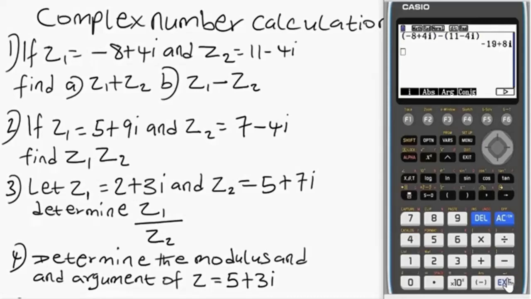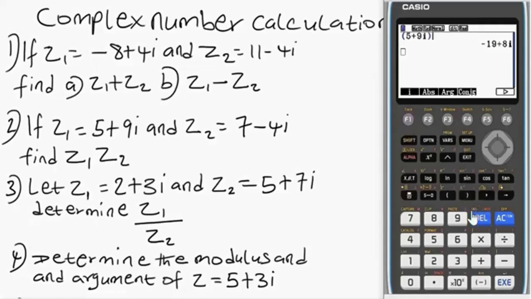Now let's go to question 2, which is multiplication of complex numbers. It says if z1 equals this and z2 equals this, find z1 z2. Multiplication, guys. Very, very simple. All you have to do is adjust it here. Let's delete everything here. So we have 5 plus 9i. Make sure that it is in brackets, guys, very, very important.